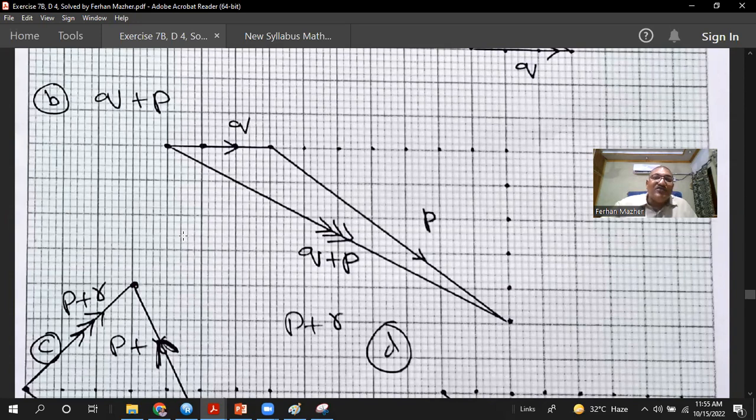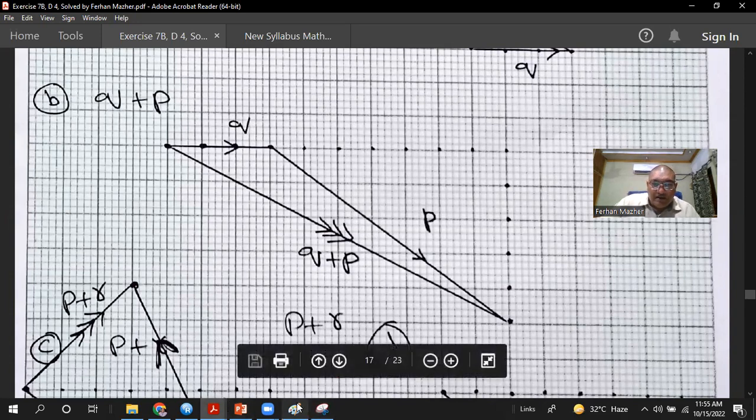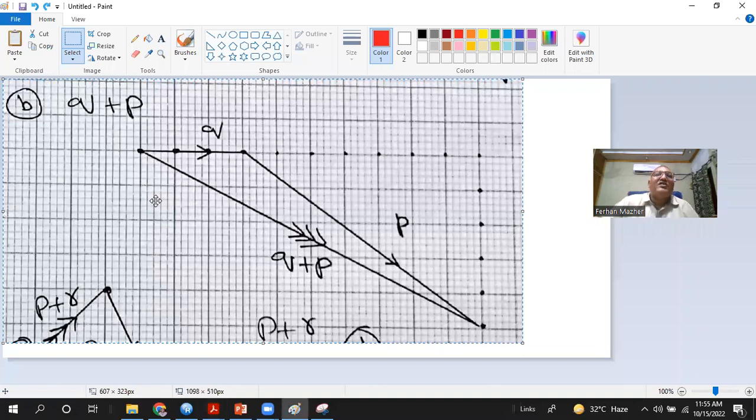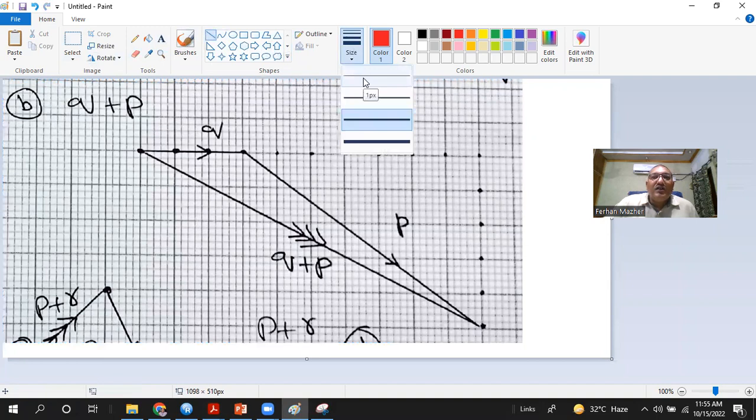They have asked us to find the resultant by the parallelogram law. The method is very simple. Let me show you.